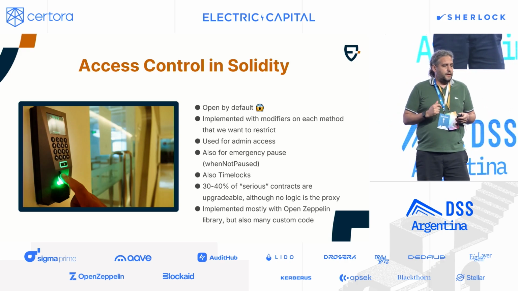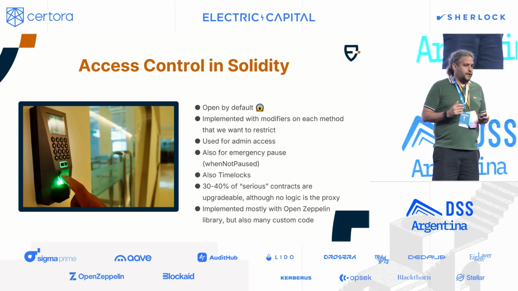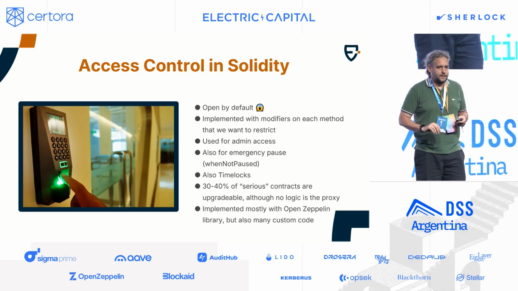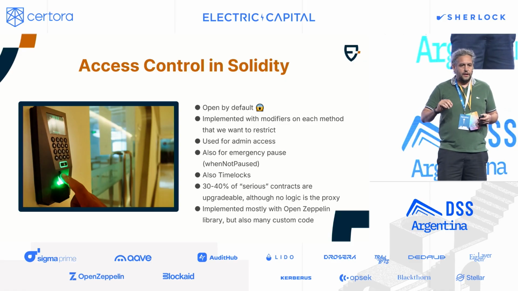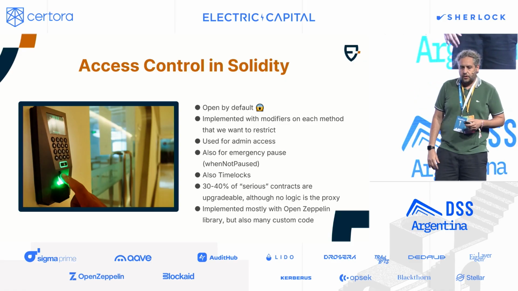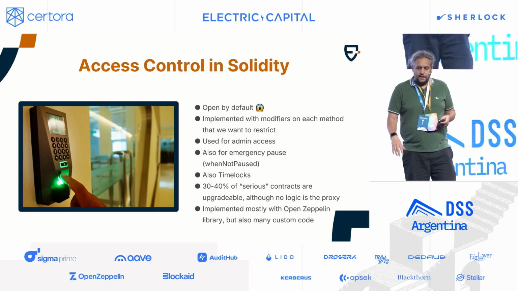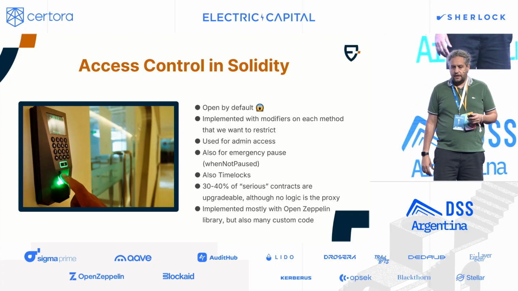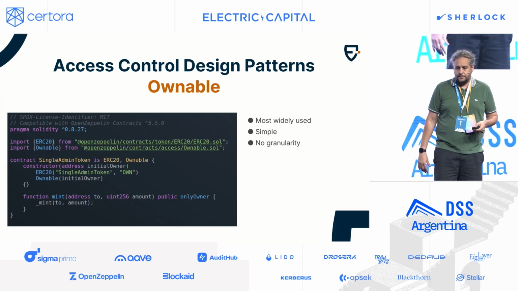Mostly it's implemented through the OpenZeppelin library, which has several implementations for the different patterns that I'm going to go over, and later explain our pattern. Finally, I want to mention that a lot of contracts are upgradable and use proxies, and that will become relevant for the next part.